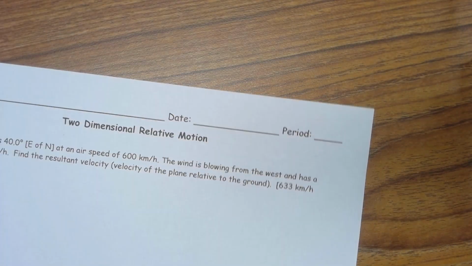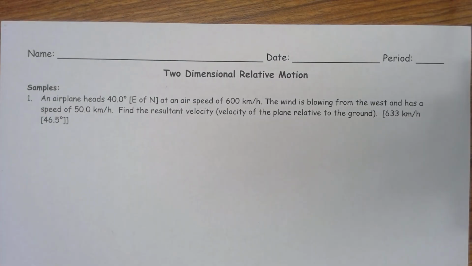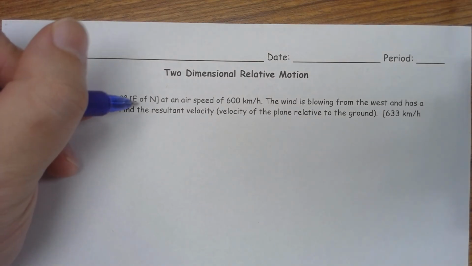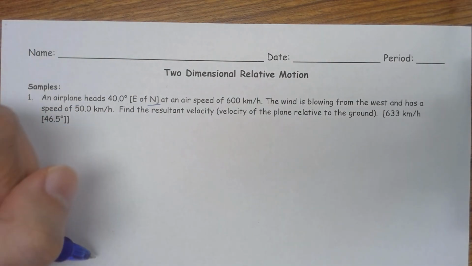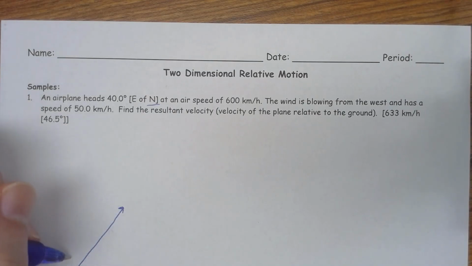All right. I'm going to quickly treat sample 1 and sample 2 of two-dimensional motion as practice as well. Let me just set you up for success. If I'm going to head 40 degrees east of the north line, it is annoyingly east of the north line instead of north of the east line.